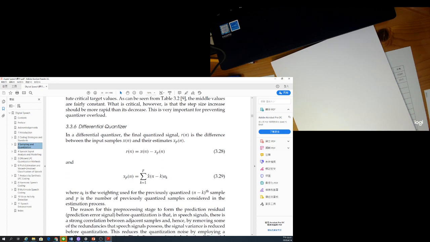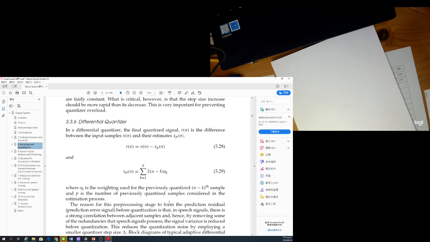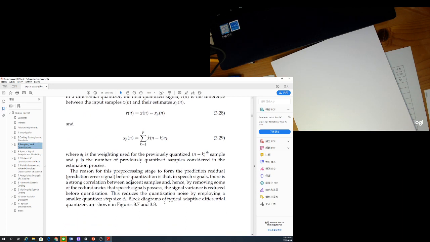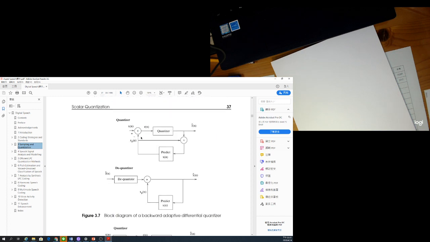Here we consider the previous p dequantized samples. You do this pre-processing to make your signal entropy lower, so you can make good use of your quantization levels and make the quantization loss and degradation lower. This is backward adaptive, based on the decoded signal.